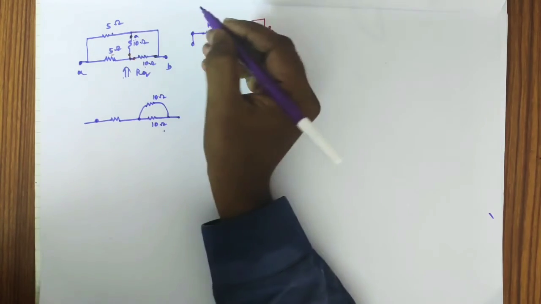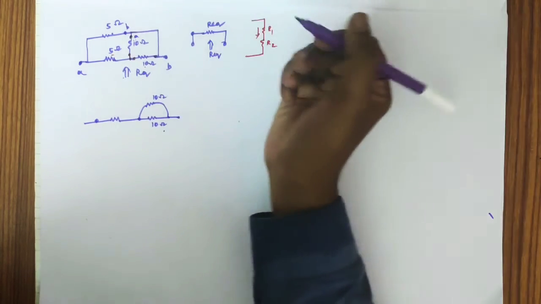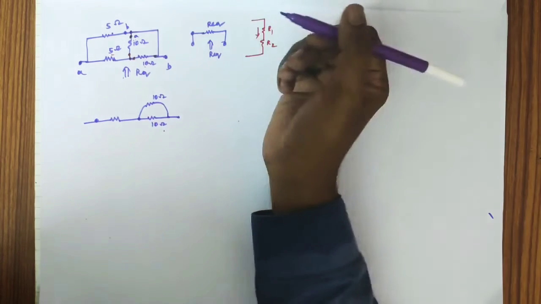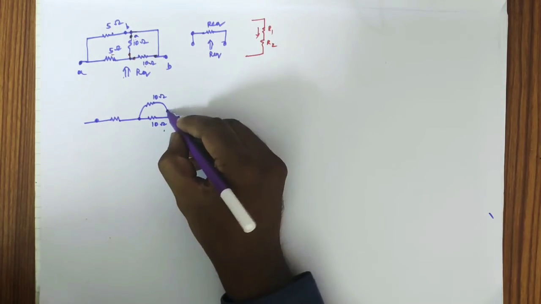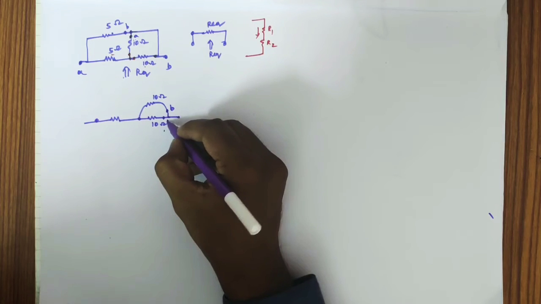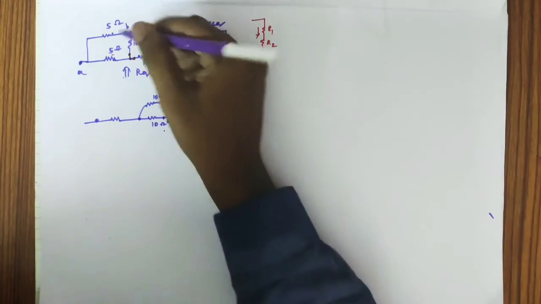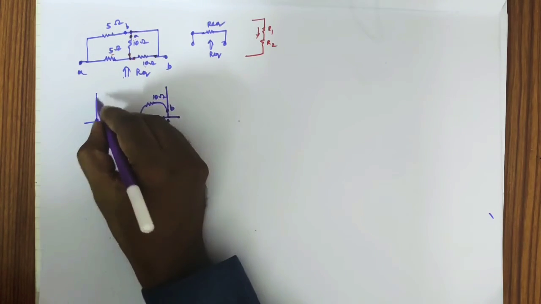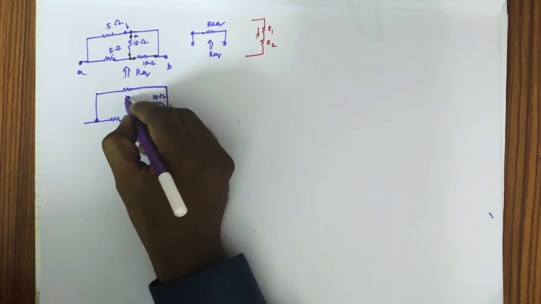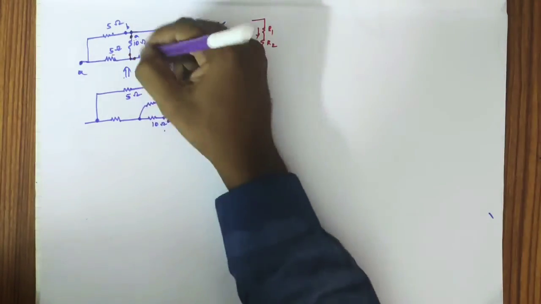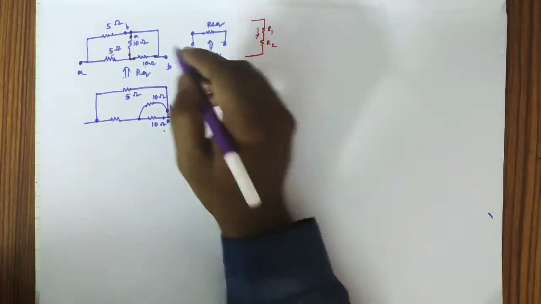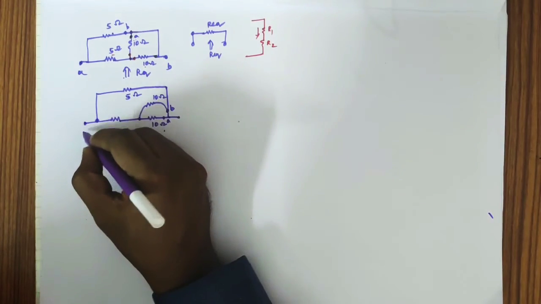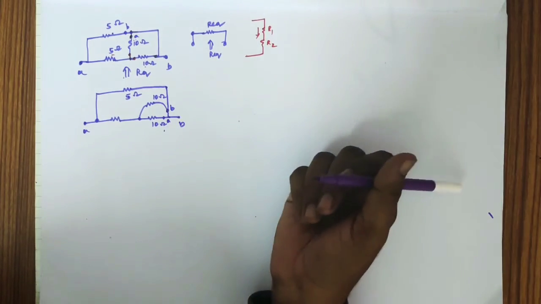Let us say these end terminals are A and B. A and B should have one common point, that is this one. So I am drawing B like this, with the 5 ohm. These two circuits are equal. To confuse you, the examiner may give it like this, but if you observe keenly, you can draw it like this.